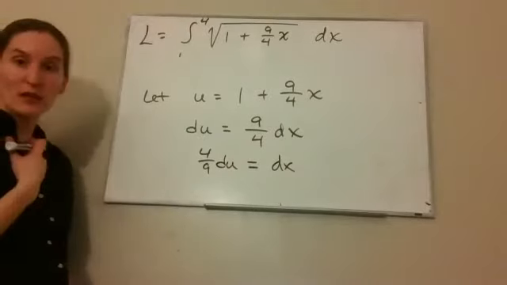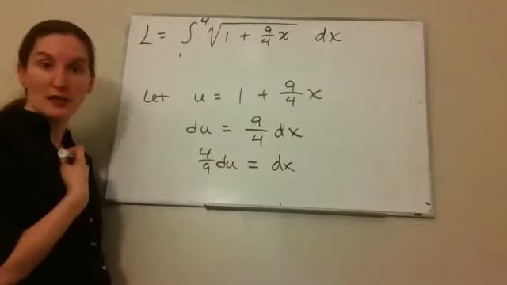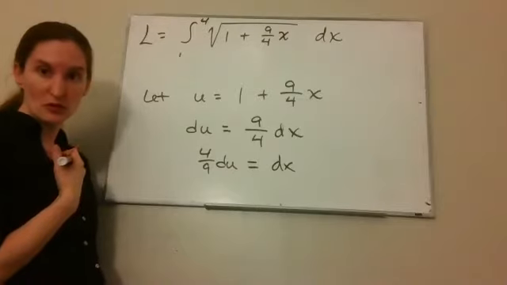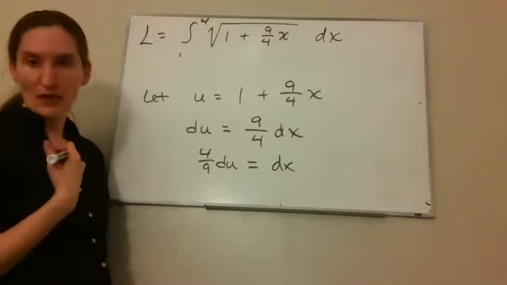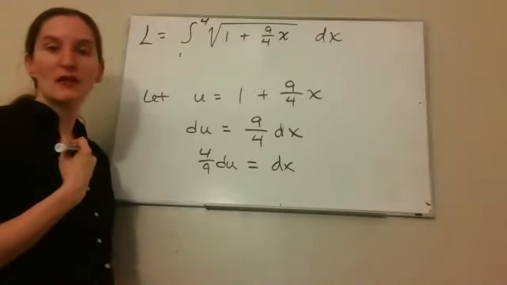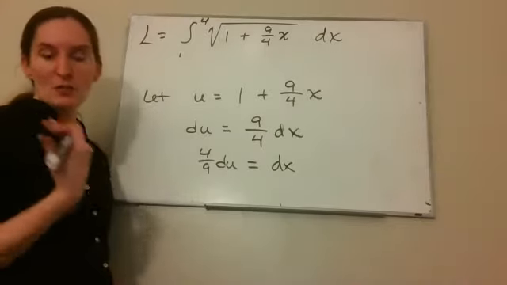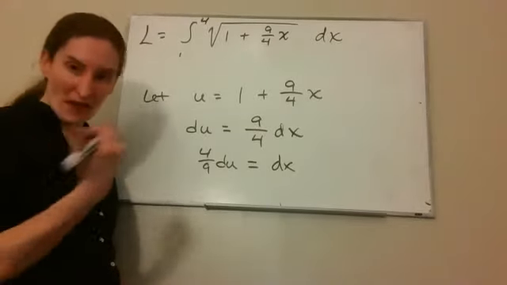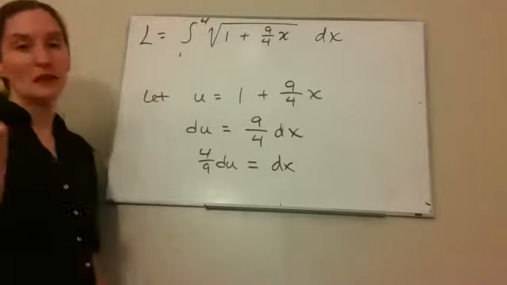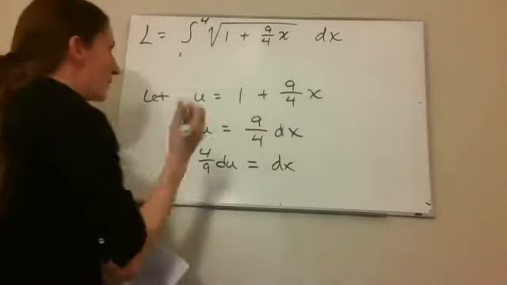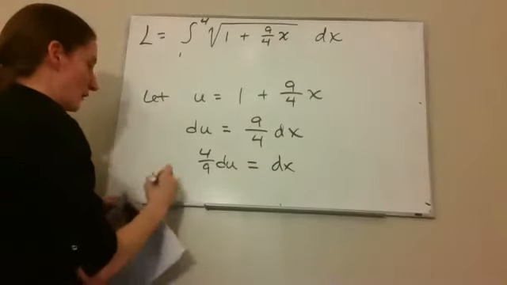And now I'm going to change my bounds of integration because that's the way I like to do my substitution problems. If you don't like changing your bounds, remember that you can always integrate, plug your u back in, and then plug in your original bounds, and you'll get the same answer. But I'm going to change my bounds.